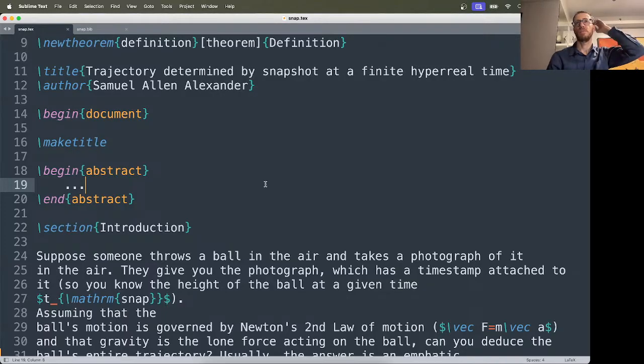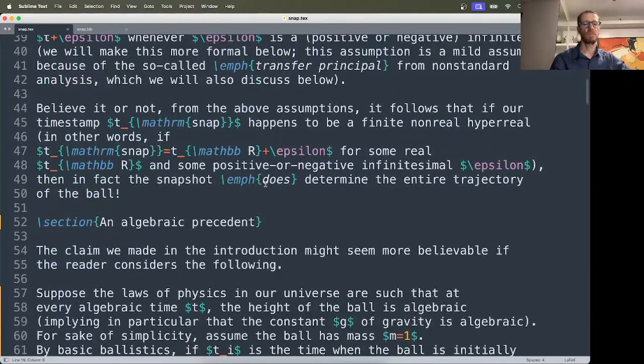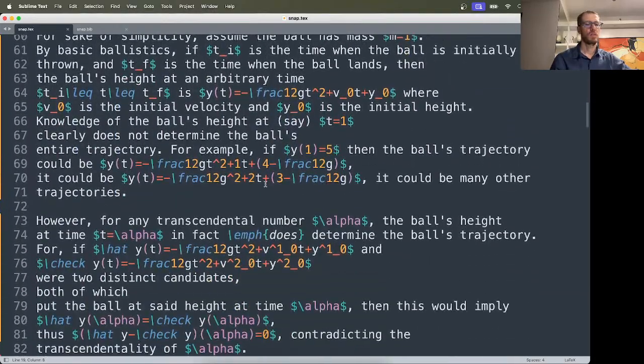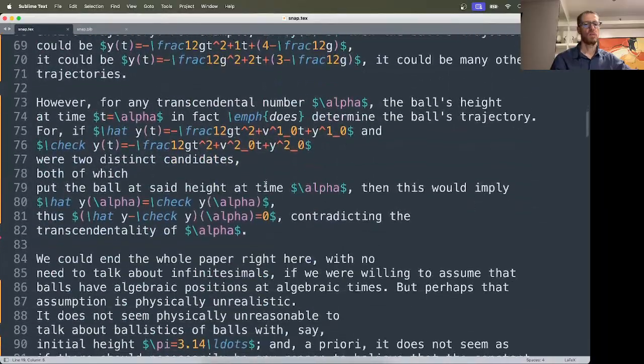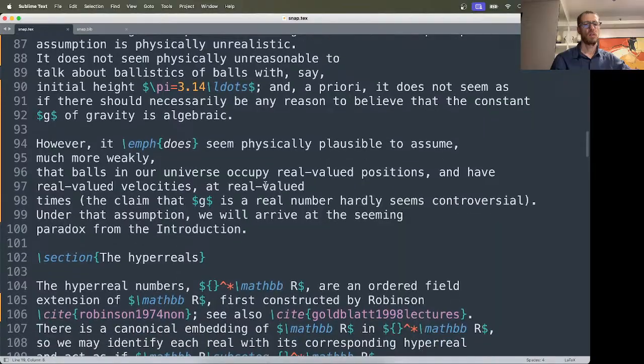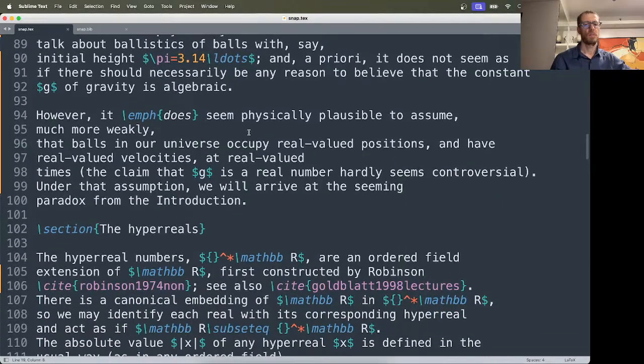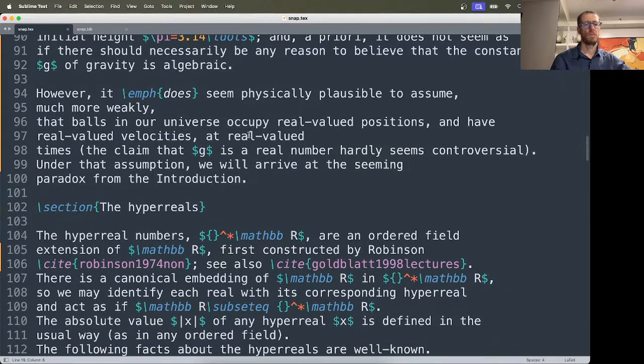So when we're talking about extending physics to the hyperreals, that could be something relevant to mention. But where would we put it?